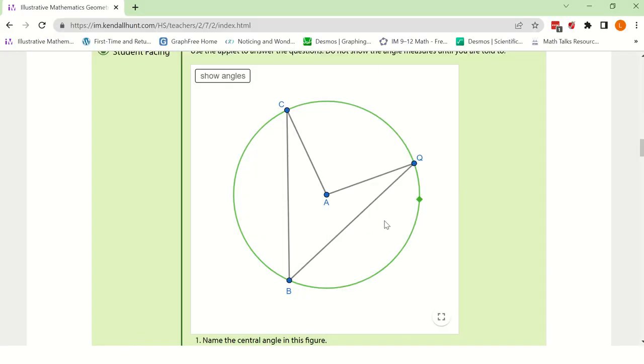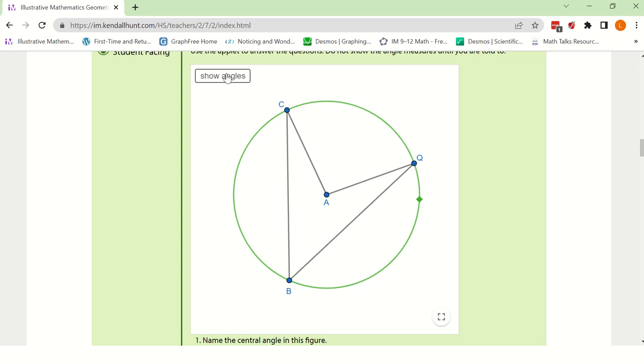If you take a look here, we have arc C to Q, and we have a central angle, CAQ, and an inscribed angle, CBQ. It doesn't matter whether I'm looking at angle A or angle B, they share the same arc, CQ.